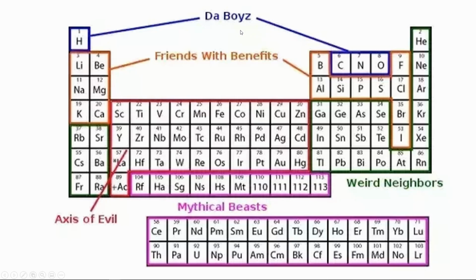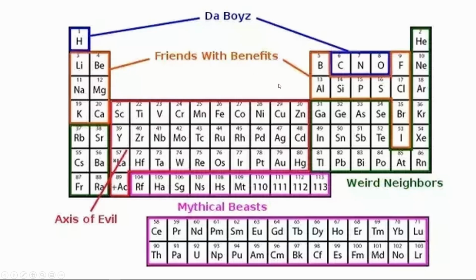These are the atoms whose properties you should know inside and out, especially as we go through the introduction to organic chemistry, because all of this information will be used directly as we're creating bonds and breaking bonds with these atoms in the future. We have the friends with benefits. These are highlighted in orange.